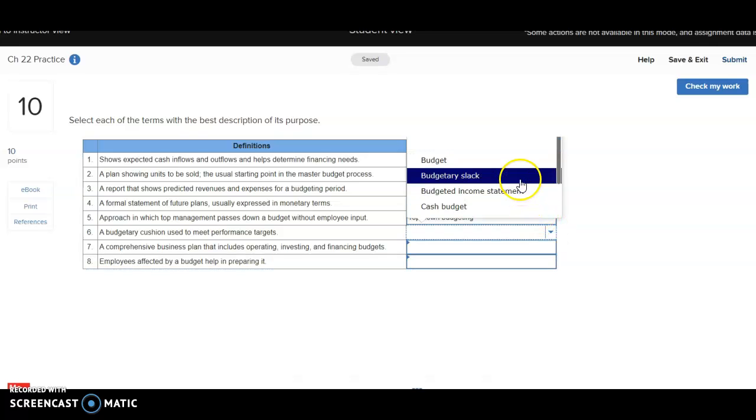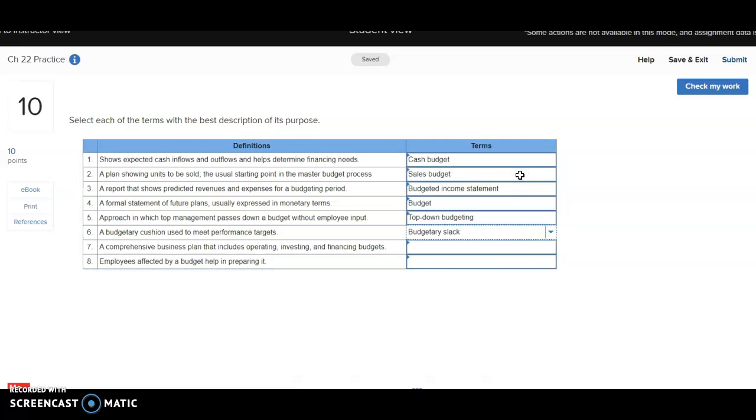All right, number 6, a budgetary cushion used to meet performance targets. So that's called slack. A cushion is where we have that slack in our budget that allows us to meet those performance targets. Not always a great idea when you're putting together a budget. You want to be very realistic. All right, number 7, a comprehensive business plan that includes operating, investing, and financing budgets.